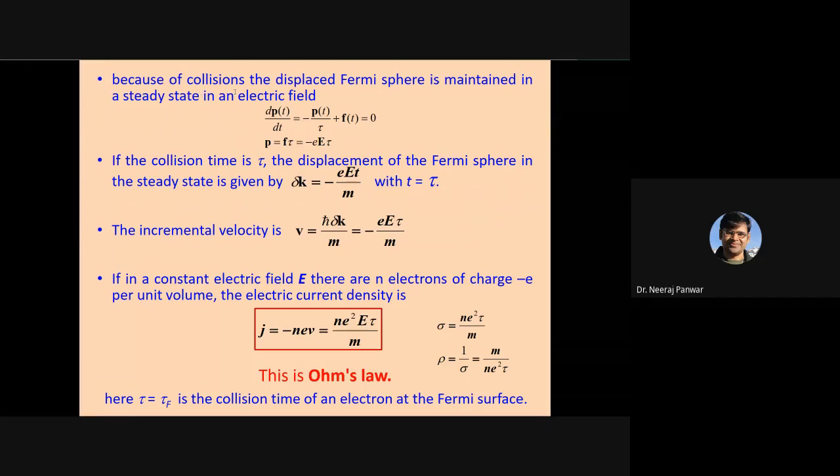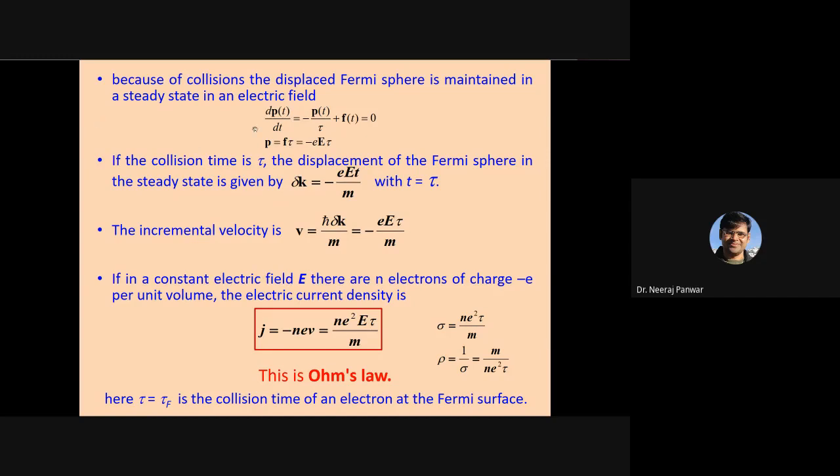Now we would like to introduce the collision term also, because the electrons feel collisions with other electrons, and because of the collisions, the displaced Fermi sphere is maintained in a steady state in an electric field. If the collision is not there, the speed of the electron will keep on increasing.